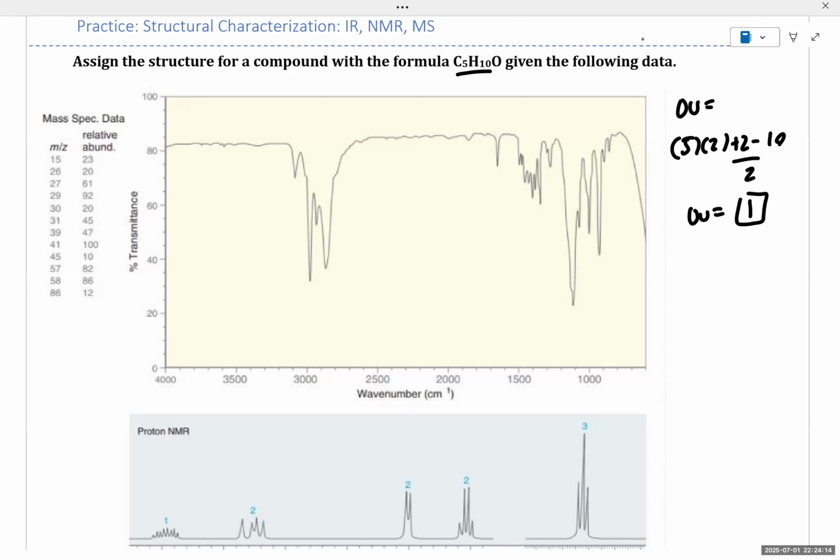Looking at the IR spectra, it looks to me like we have a peak past the 3000 mark, and we have a peak at around 1600. So it suggests we may have a carbon-carbon double bond, such as an alkene.